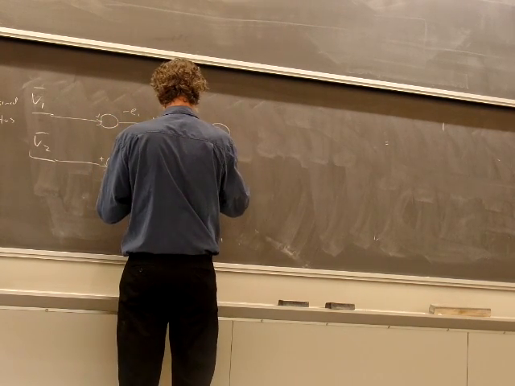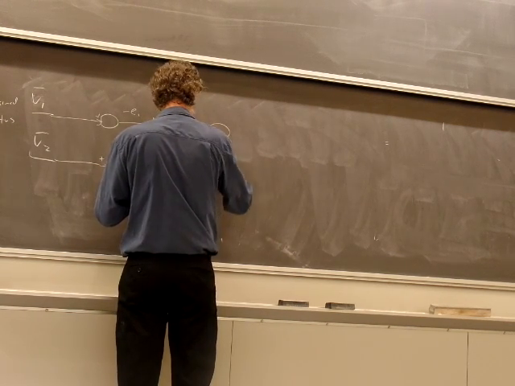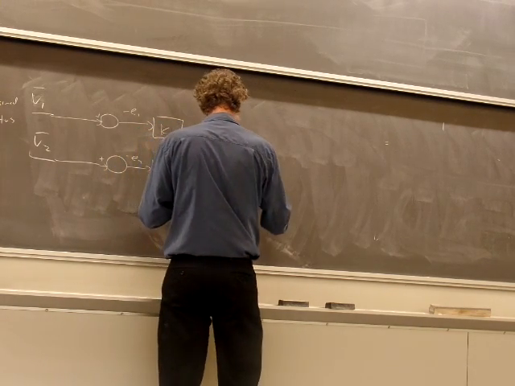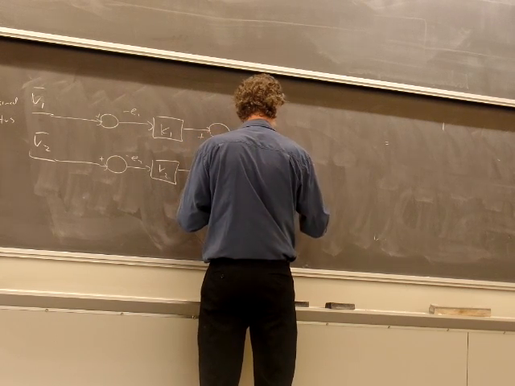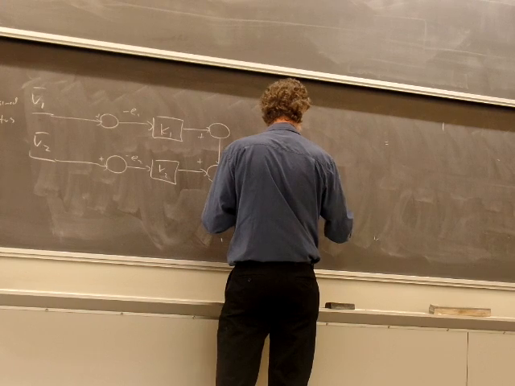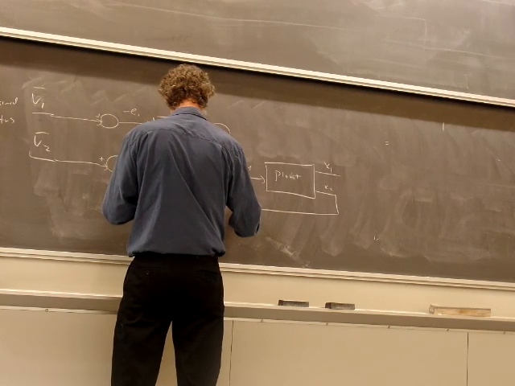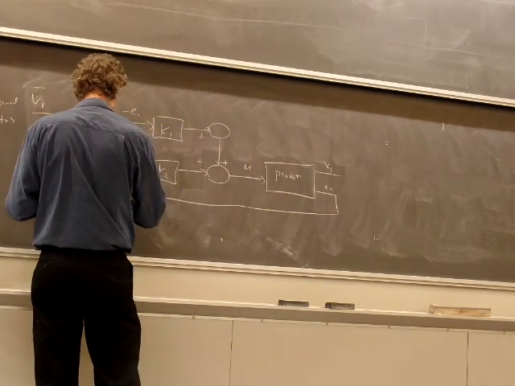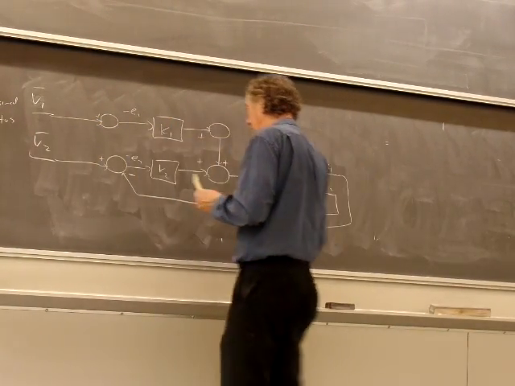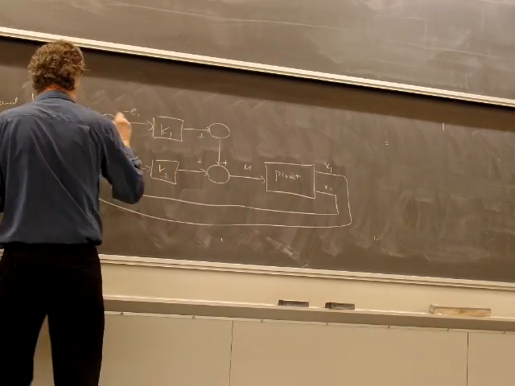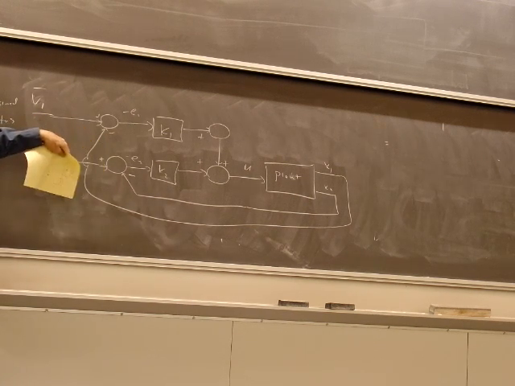They get summed, creating a U, which goes into our plant. Output X1, X2. X2 comes in here, X1 comes in there. So compare the state that I want with the state that I have, for each one of these.